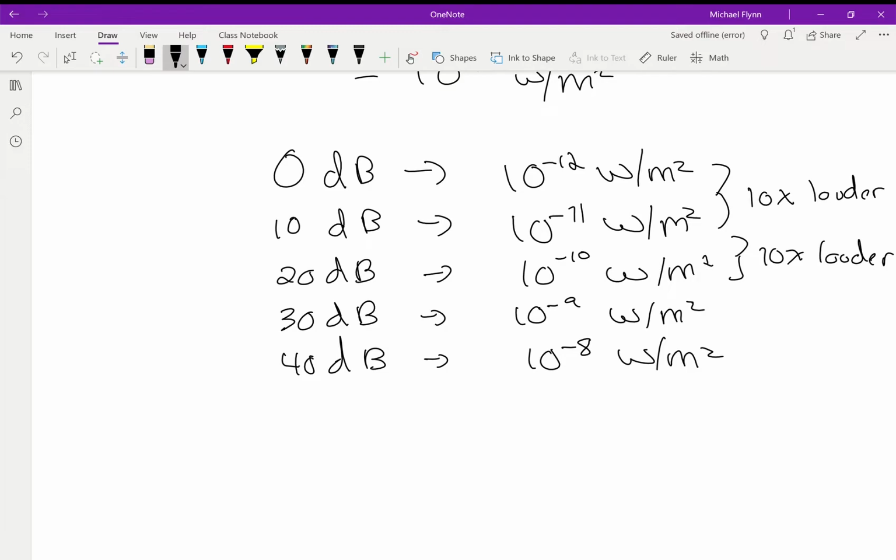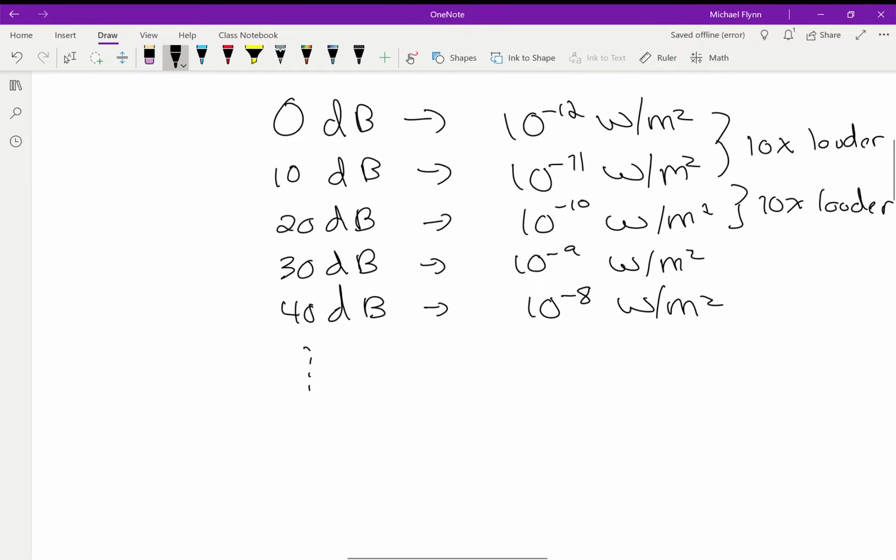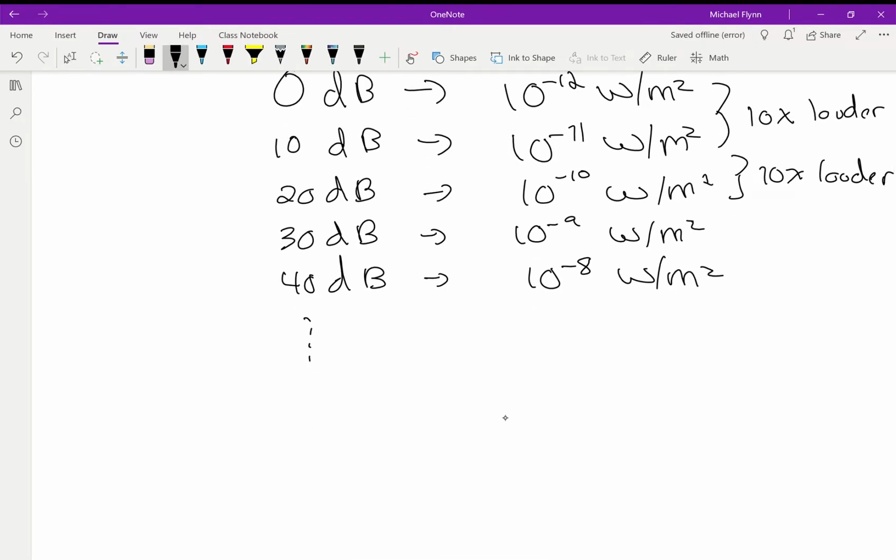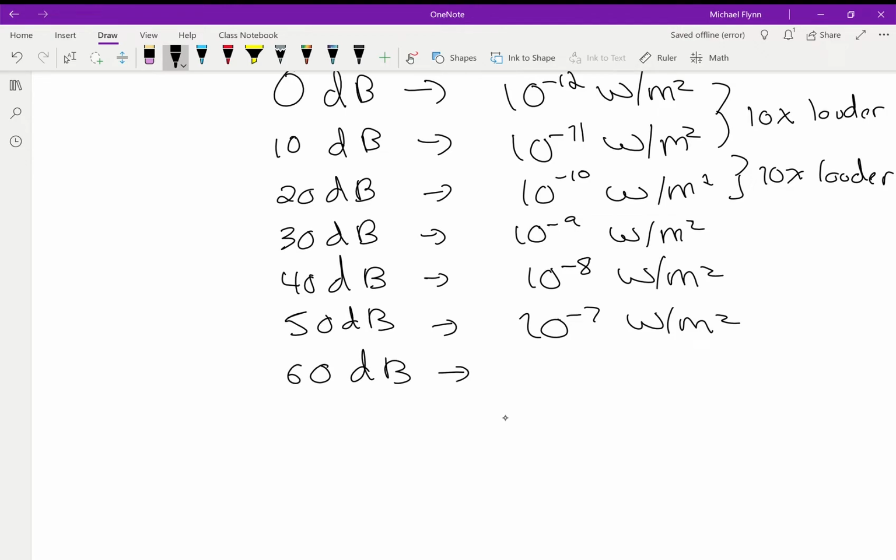Now you can see the pattern. 0 starts with 10 to the negative 12, and then you go up by powers of 10. Let me fill in the chart a little bit. 50 decibels will be 10 to the negative 7 watts per square meter. 60 decibels will be 10 to the negative 6 watts per square meter.